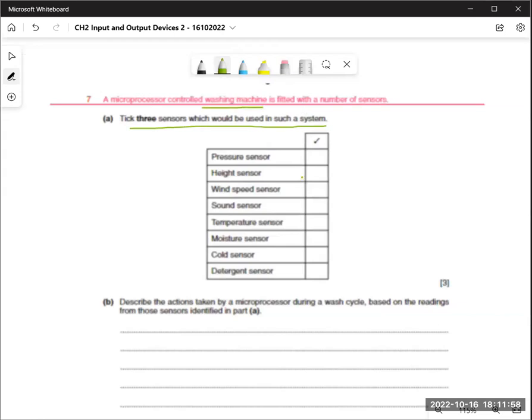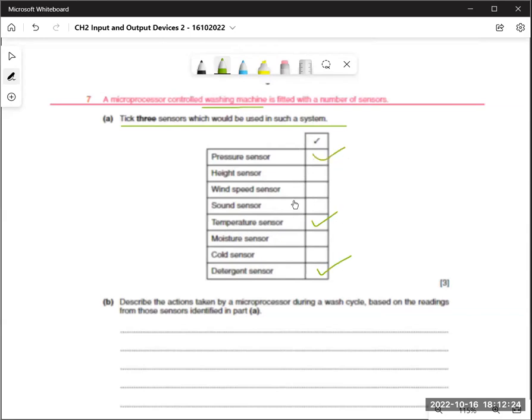Temperature sensor, probably detergent sensor, and pressure sensor.